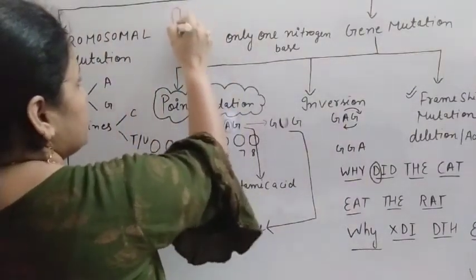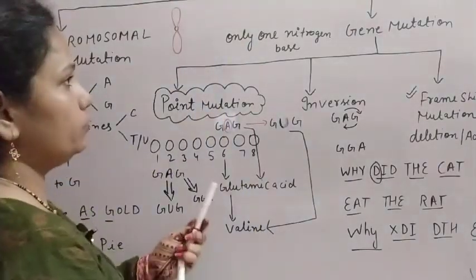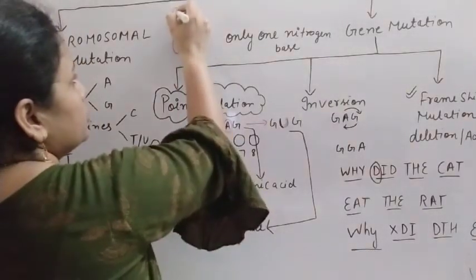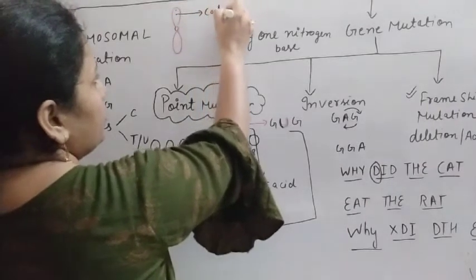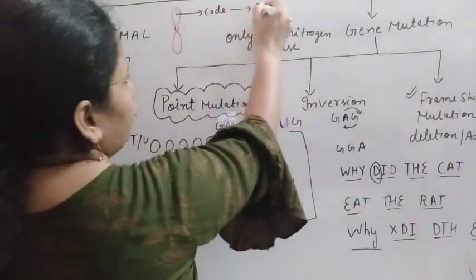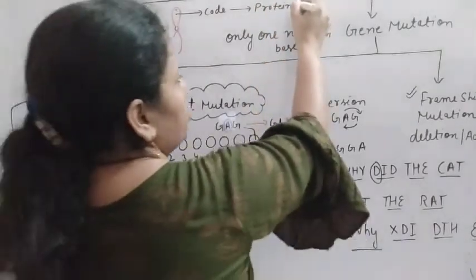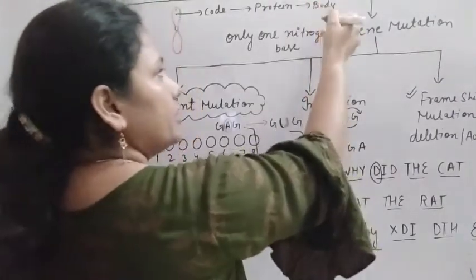Suppose that is the diagram of the chromosome, and in the chromosome the gene is the part which codes for a particular type of protein, and these proteins determine the body design or any character.